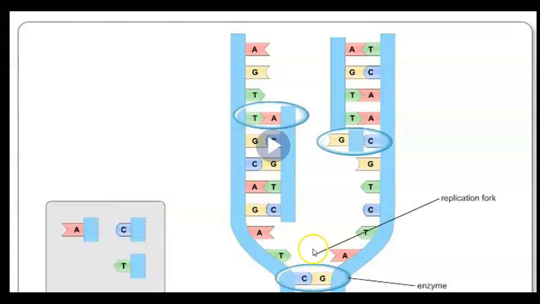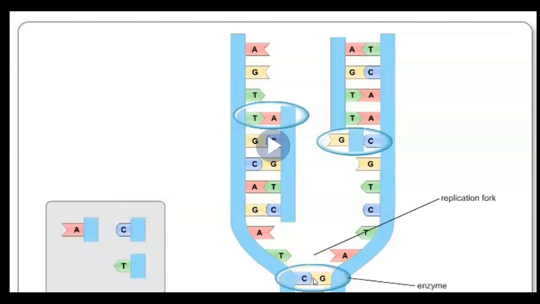So here's the replication fork. The original enzyme came in and split the DNA molecule right down the middle. And then the DNA polymerase is going to come in and bring in the base pairs. Now, on this side, moving away from the replication fork, this is the replication fork.